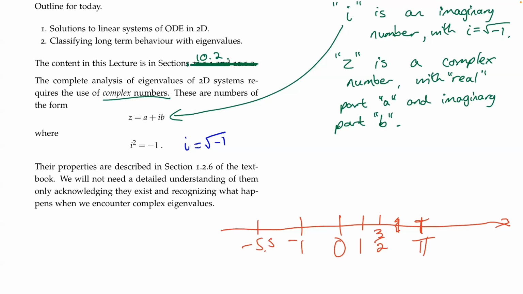Now, when we have complex numbers, what we're essentially doing is we're extending this line now to think about a plane. Okay, so this is now the complex plane, where this vertical axis corresponds to the imaginary part of this number, and the horizontal real line still exists, so that's the real part. So we have a real part and an imaginary part to our complex numbers.